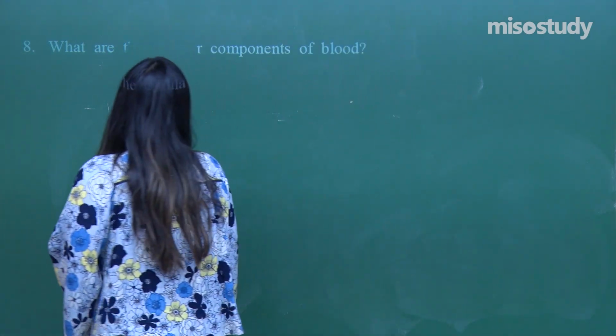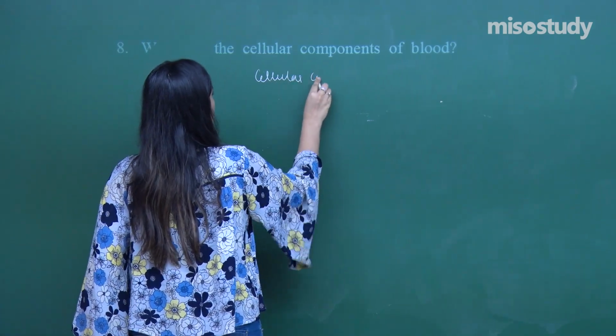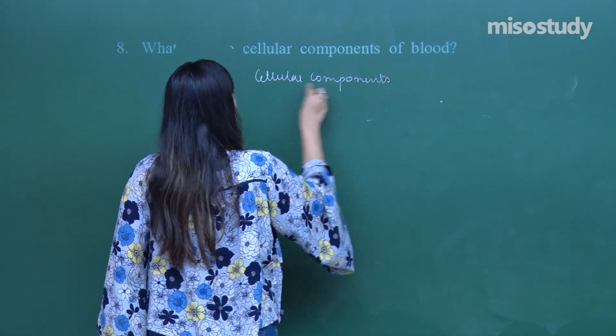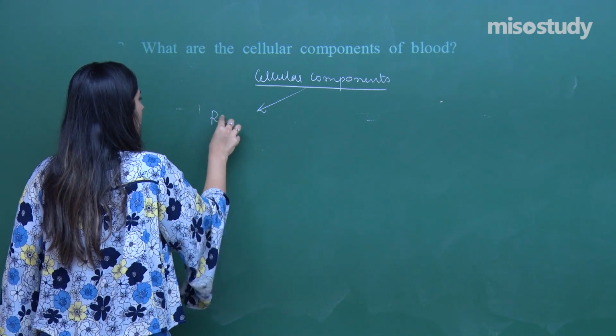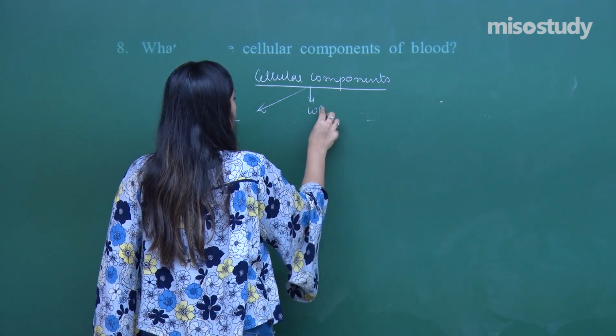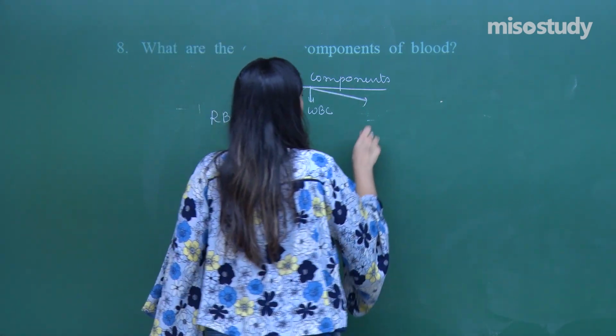So the cellular components are of three types. The first one which we have to discuss is RBC, the second is called WBC, and the third one which you have to explain is platelets.